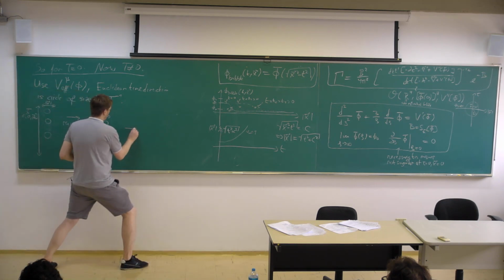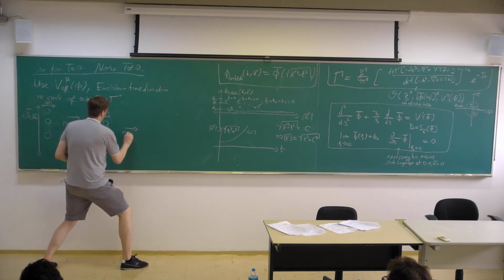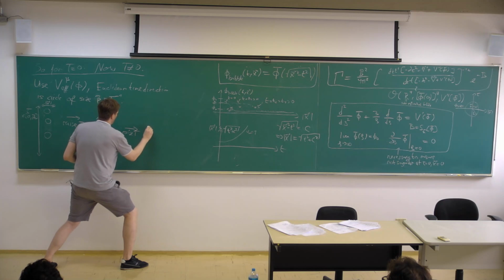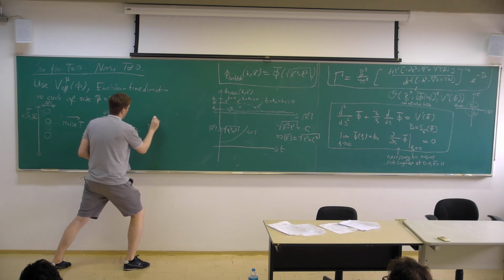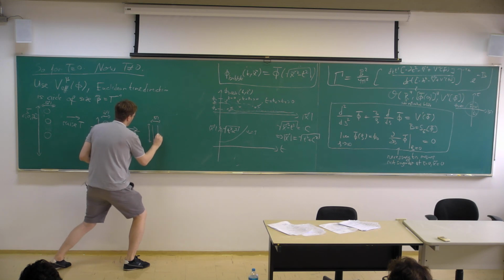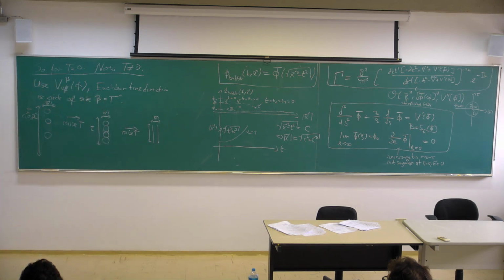And if I go to an even more extreme situation, eventually they will just be smeared out in the extra dimension. And essentially I just have a constant configuration in Euclidean time.